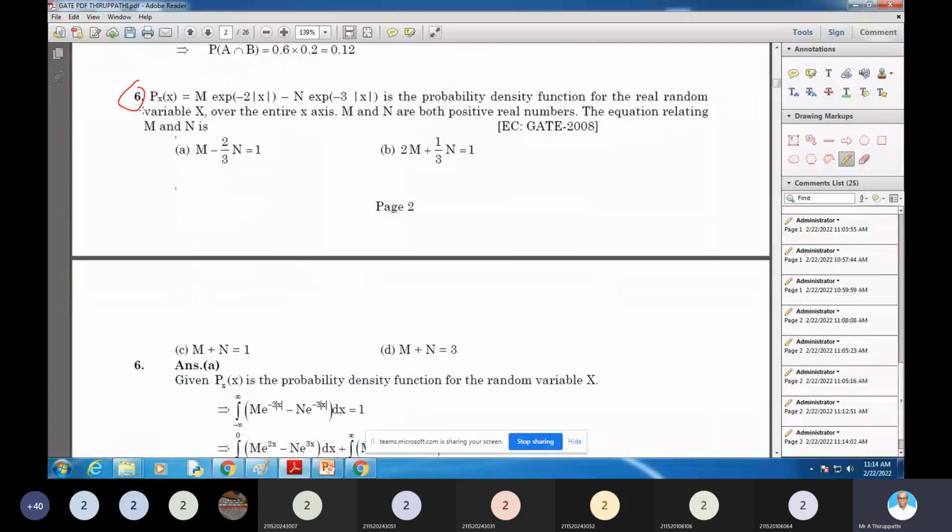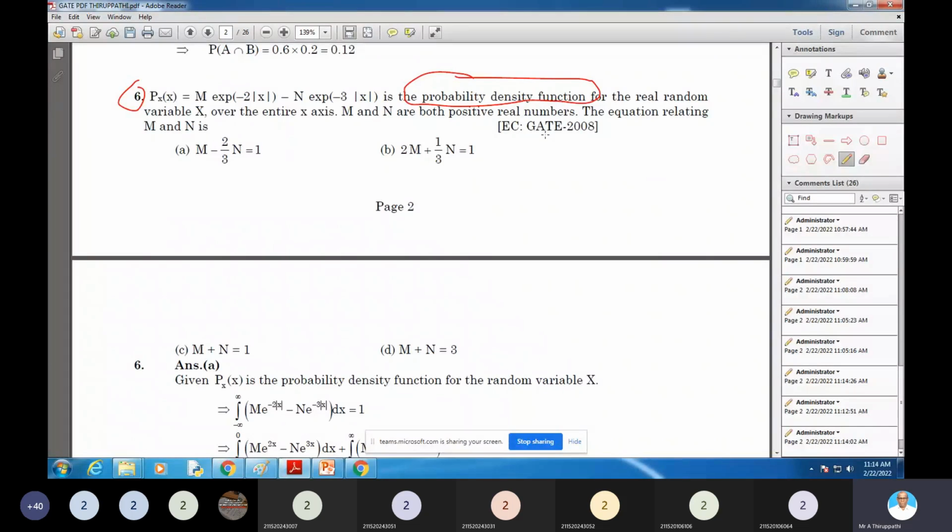Next, p of x is given. So m exp is nothing but e to the power minus 2 modulus of x, minus n into e power minus 3 modulus of x, is the probability density function. Probability density function means continuous random variable.